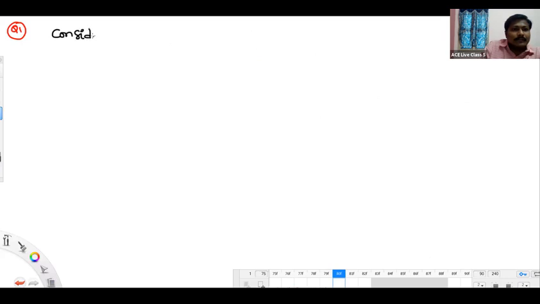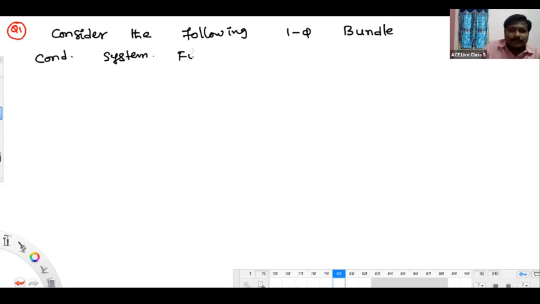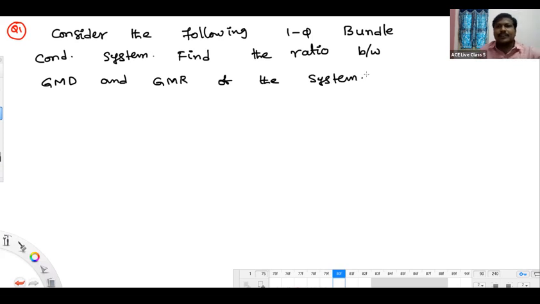Consider the following single phase bundle conductor system. Find the ratio between GMD and GMR of the system.